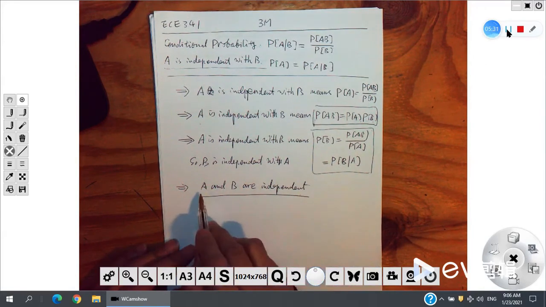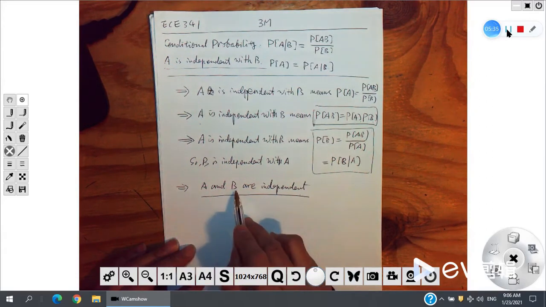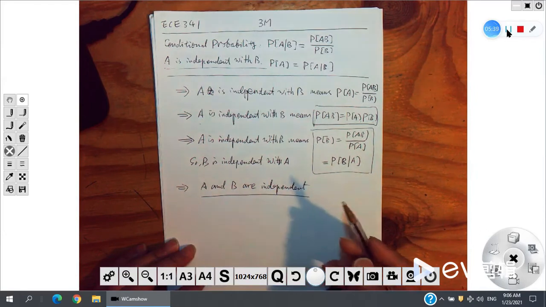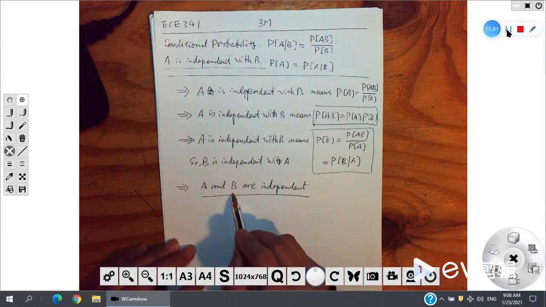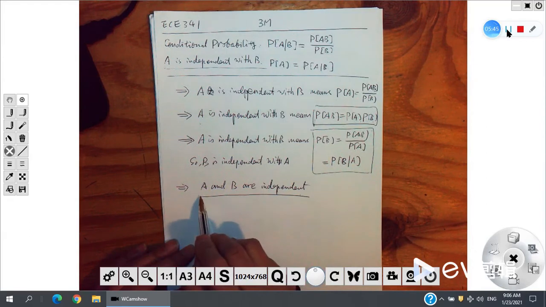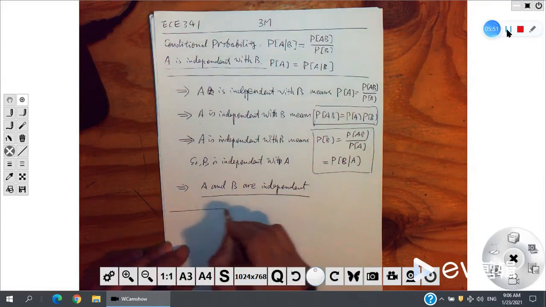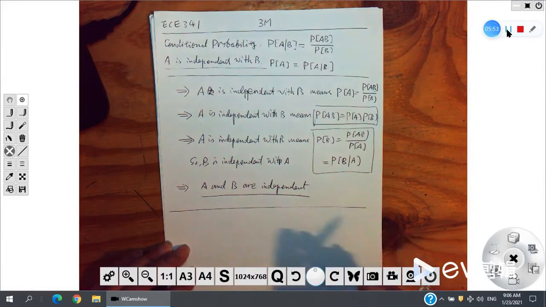If you use A as the condition, whether A happens or not, the probability of B will be the same. And in the other way, use B as a condition: no matter whether B happens or not, the probability of A is also the same. Alright, so this is the independence of two events.